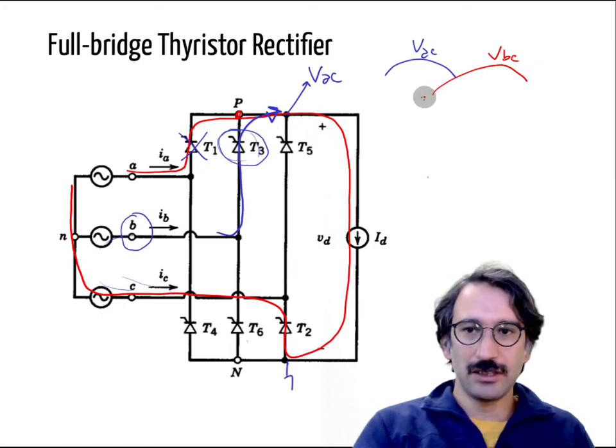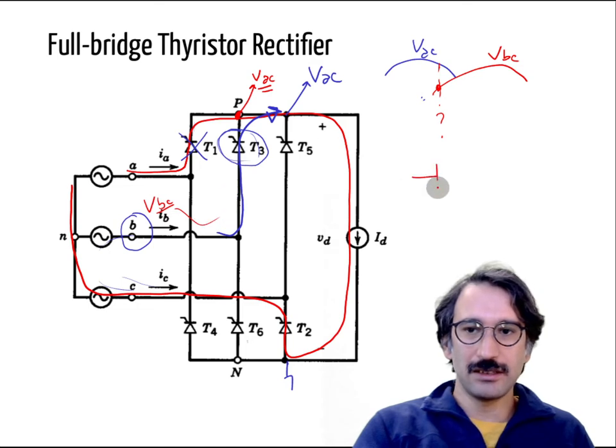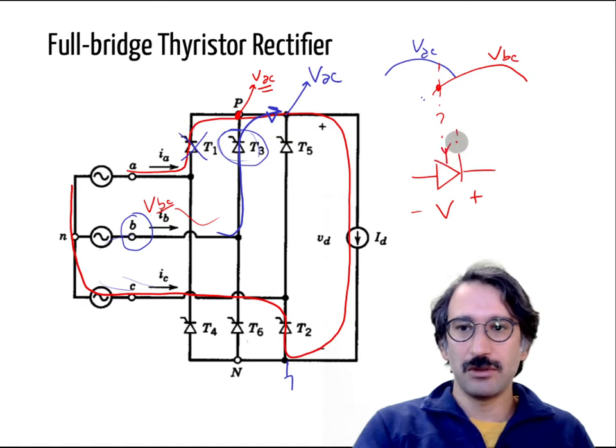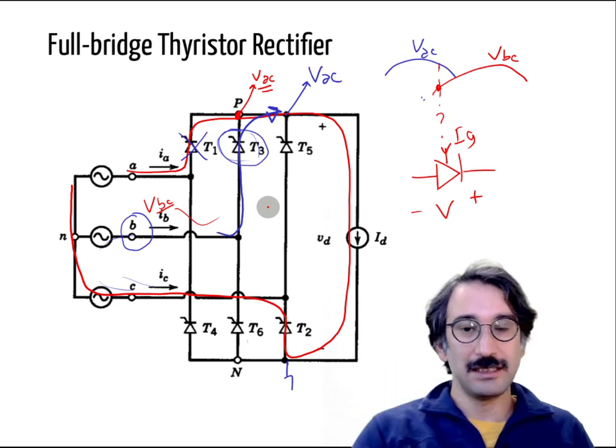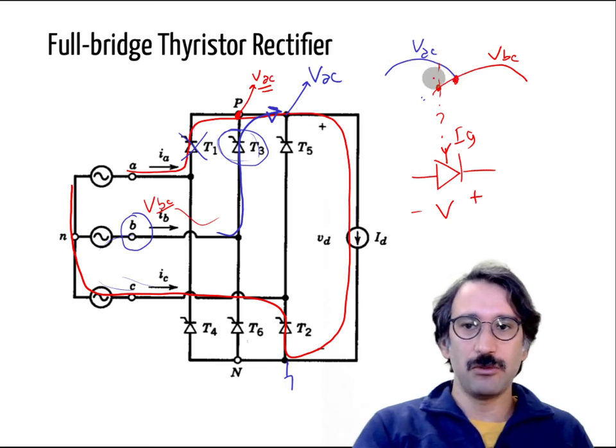So if I try to fire that thyristor somewhere here, it will not get into conduction, because that mode is already VAC, and if that voltage is larger than VBC, like here, the thyristor itself will be reverse biased, so even if you apply a gate signal, it will not turn on. So the instant that it can be turned on is the point where VBC gets larger than VAC.